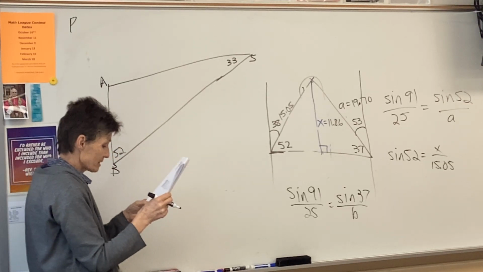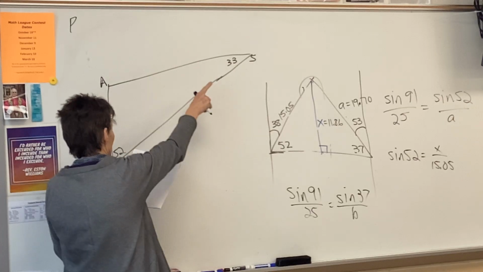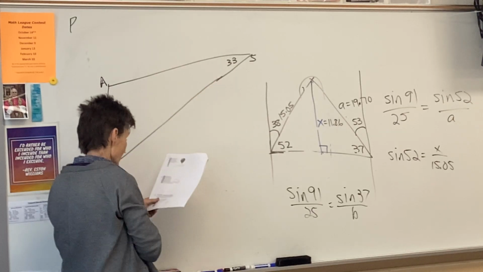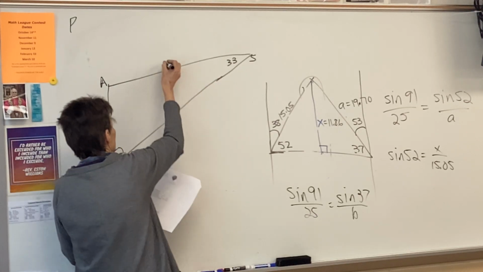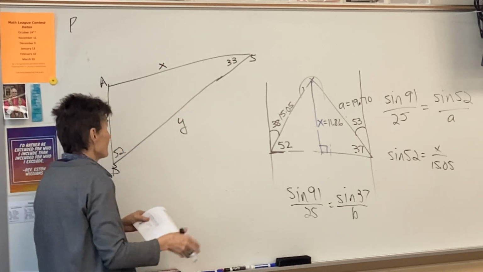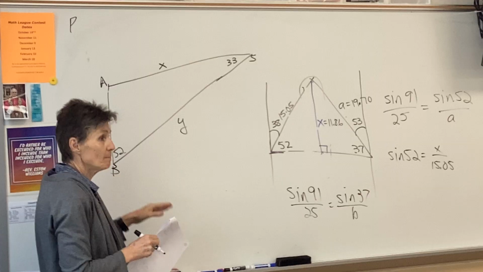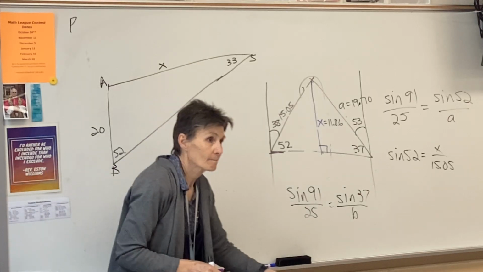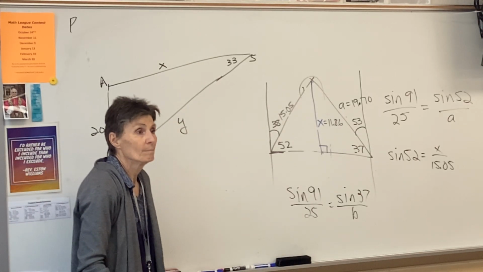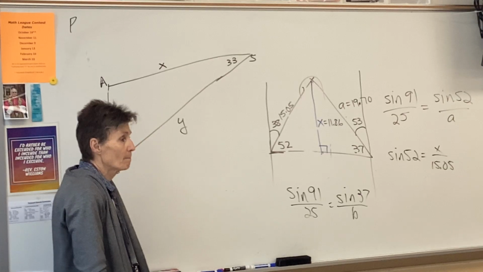Find the distance from the ship to each lighthouse. So maybe this is X and this is Y, or there's the ship, lighthouse A, lighthouse B. Could you do small cities? Yep, absolutely.